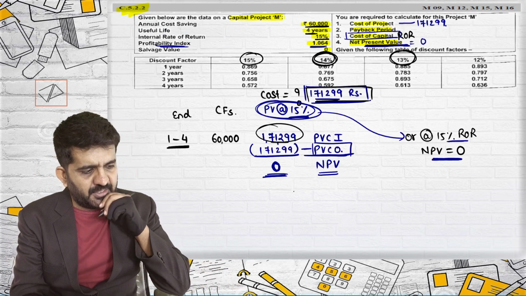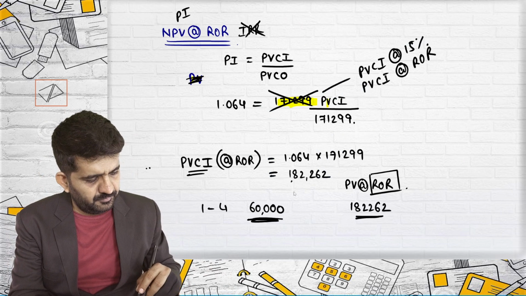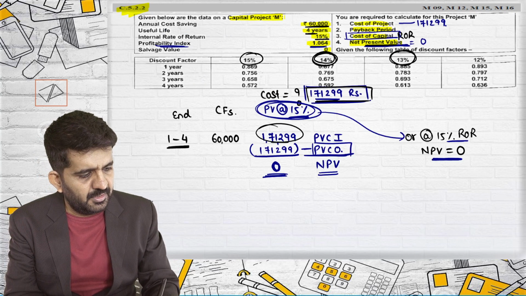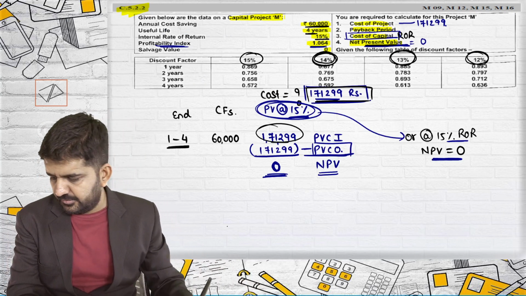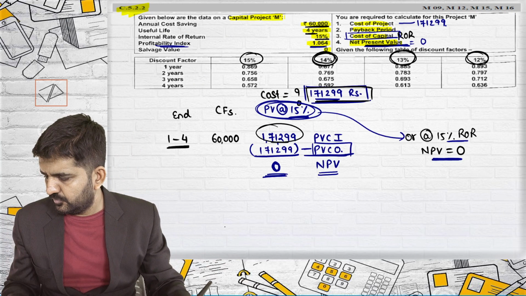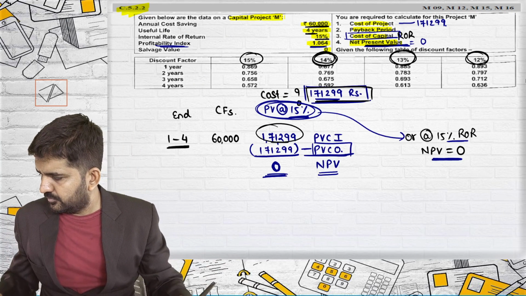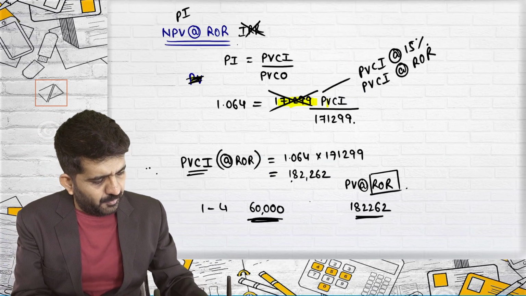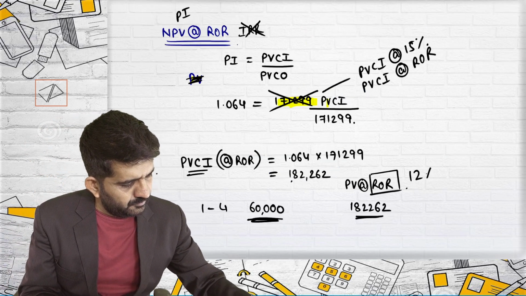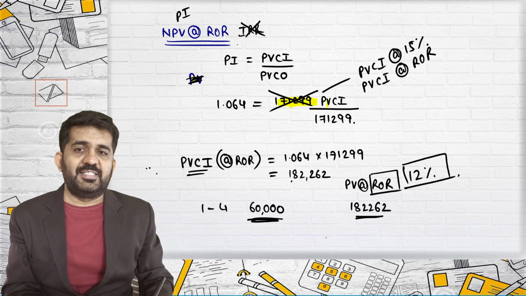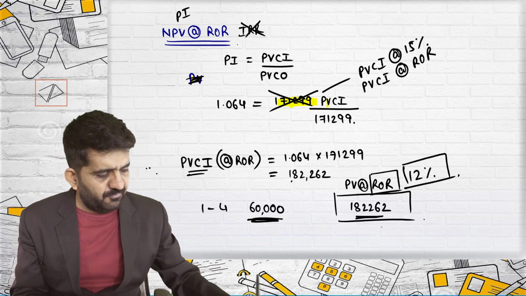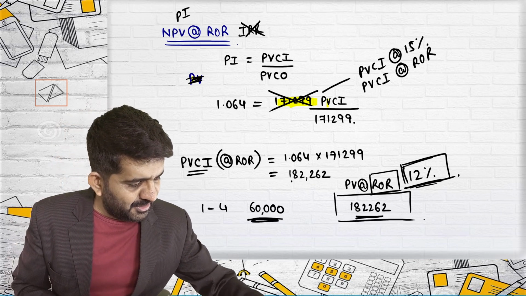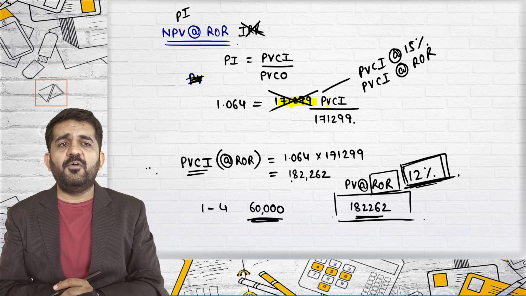Try out with 13%, and then try out with 12%. At 12%, your present value of cash inflow will be 182,262 approximately. So 12% is nothing but the required rate of return.